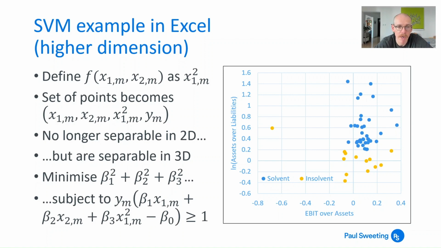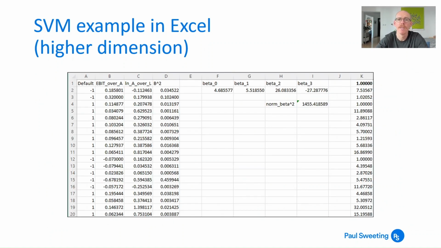If we just minimize beta 1 squared, beta 2 squared, and beta 3 squared, subject to ym multiplied by beta 1 x1m plus beta 2 x2m plus beta 3 x1m squared minus beta 0 being greater than or equal to 1, it's pretty straightforward. It's just an extension of the previous spreadsheet that we saw. Now you'll see in column D, we've got something which is simply column B squared, EBIT over assets squared, x1m squared. We've also got an additional beta there, beta 3.